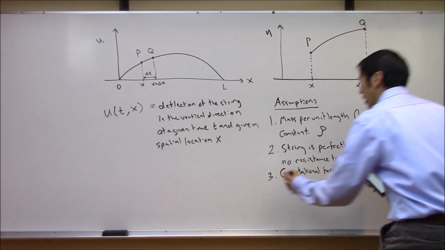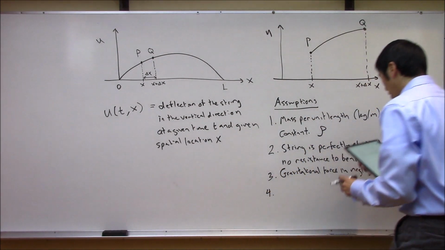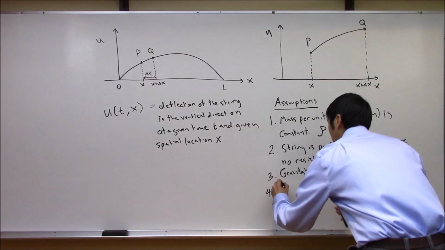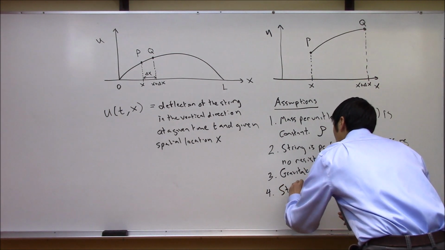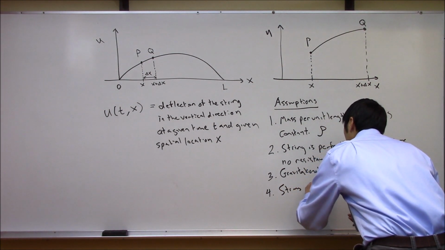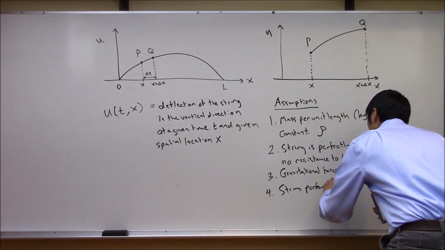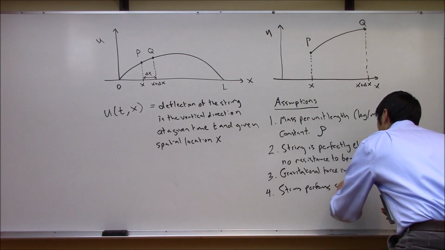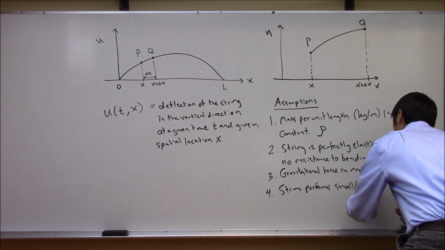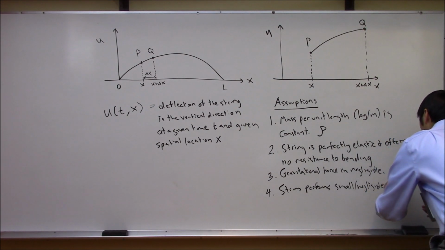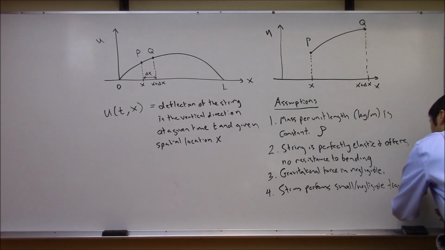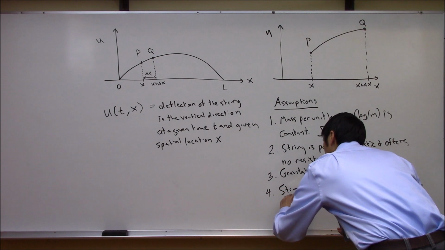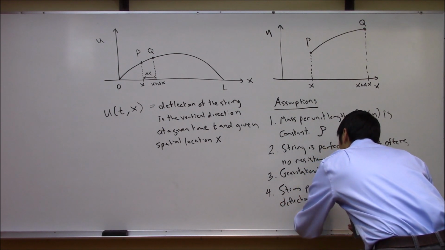Okay. How about assumption number 4? Let's assume that the string performs small or negligible transverse deflections. So in other words, this is in the x direction.